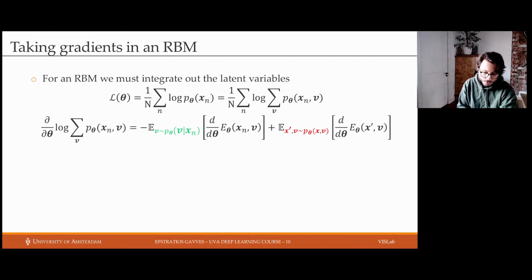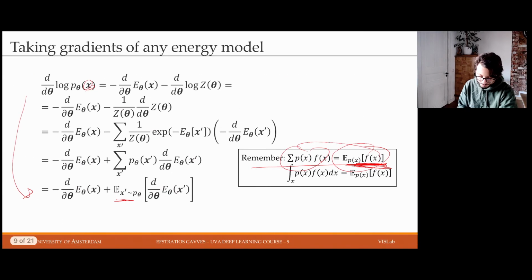So putting this now more into the RBM context, if you have an RBM, we have latent variables. This means that our logarithm here has to integrate out all the latent variables. And then by repeating the same process, we obtain a very similar quantity here.